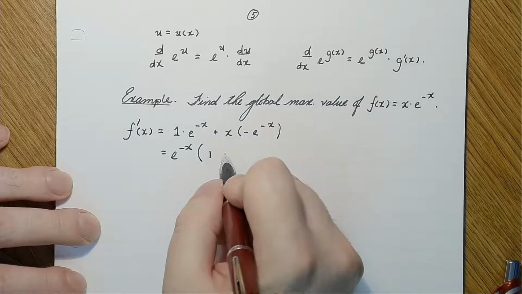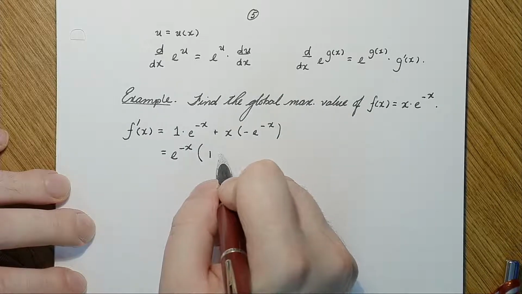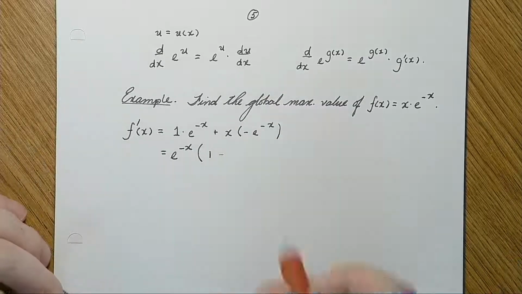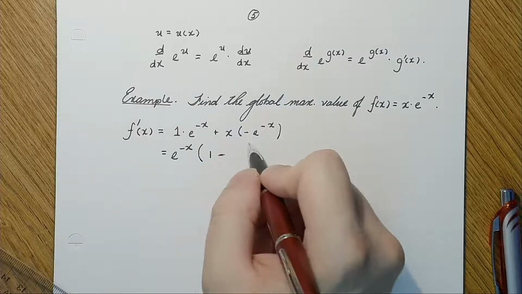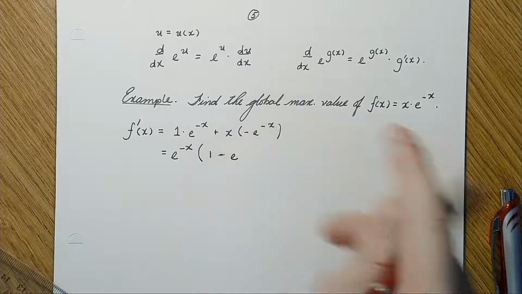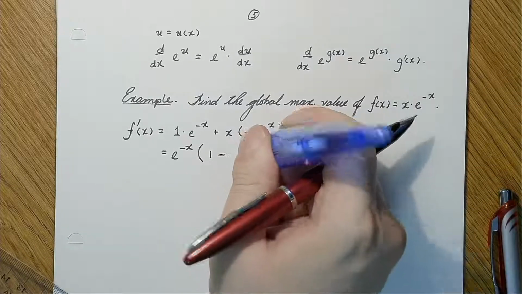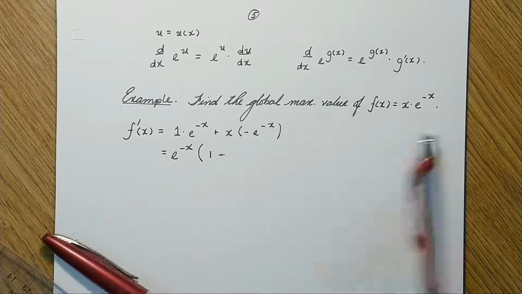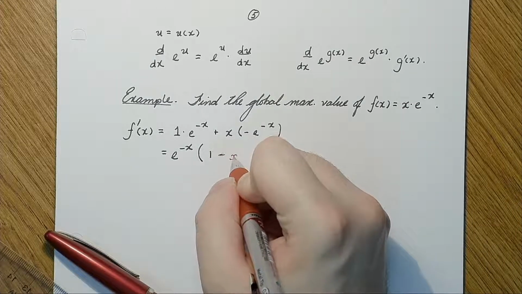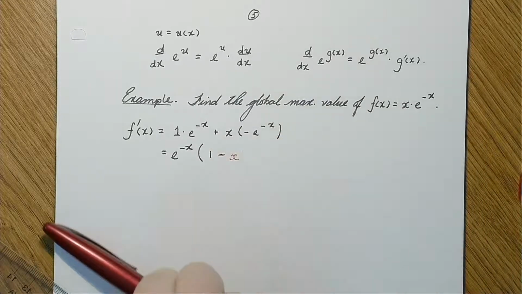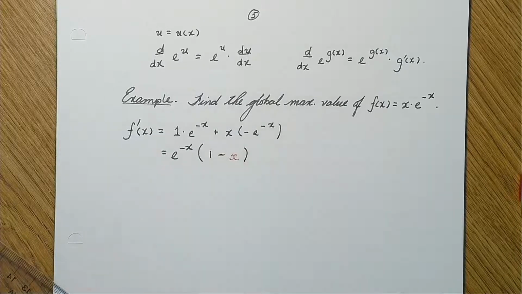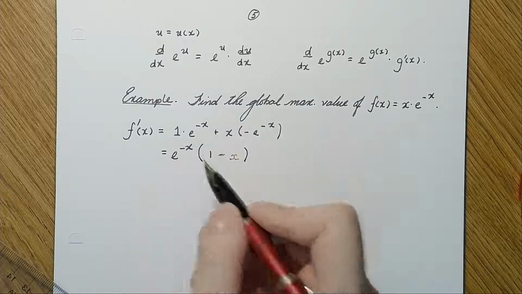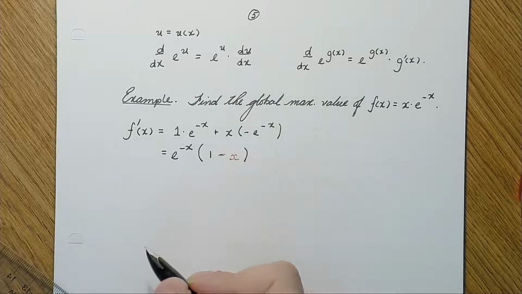So I have 1 minus x. There's no importance for the red; it's because I can't write on the tape with the Waterman ink. So I have e to the minus x times 1 minus x.